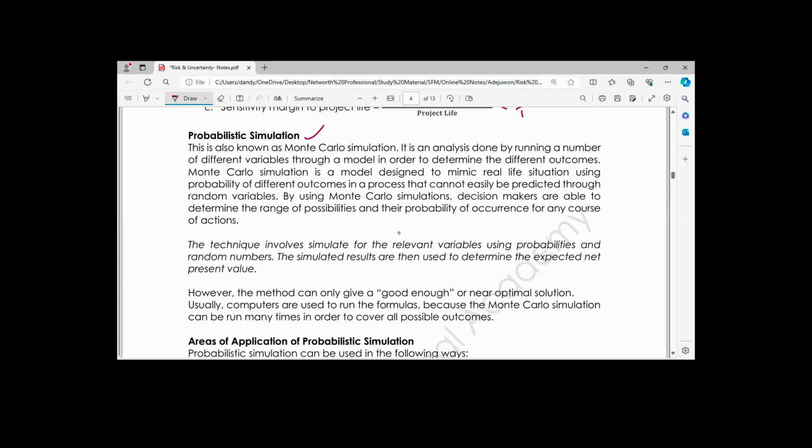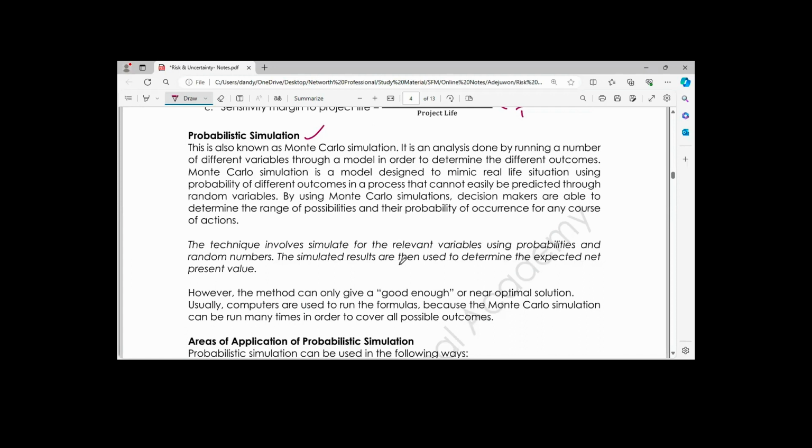So as a result, all the cash flows are not considered. Therefore, the method cannot produce optimal solution. It can only give a good enough or near optimal solution.